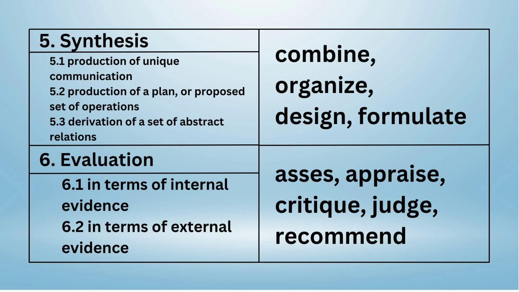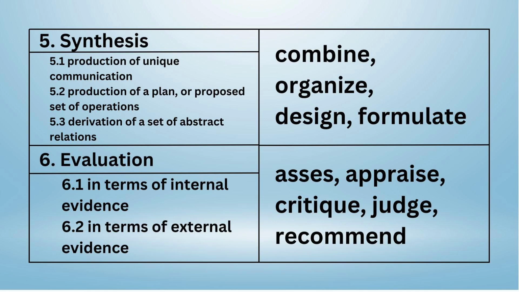Number 5, synthesis. This level involves putting together different elements to create something new or original. It's all about combining ideas, forming conclusions, and creating something unique. They have three subcategories.